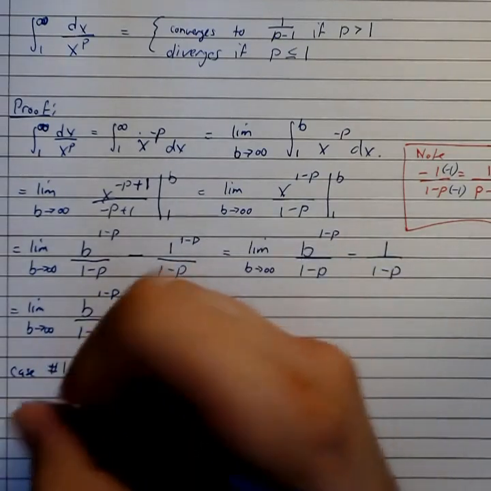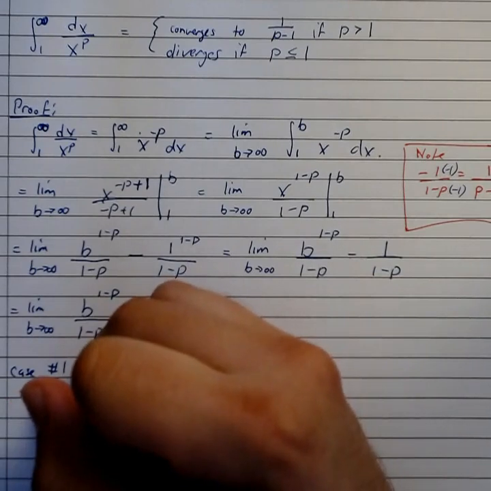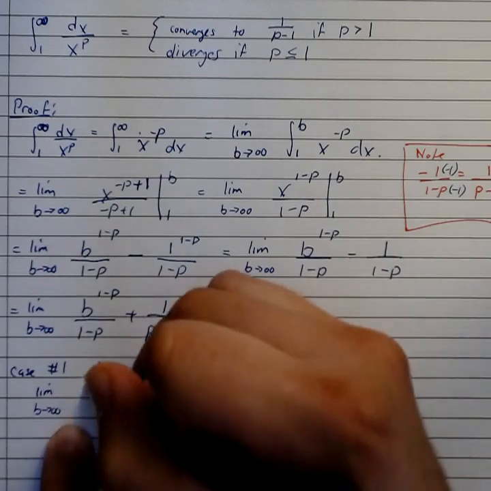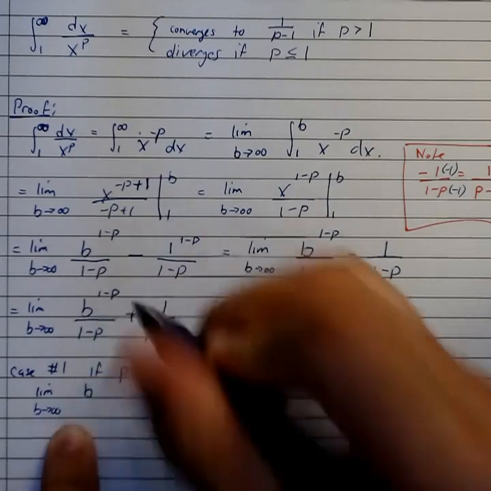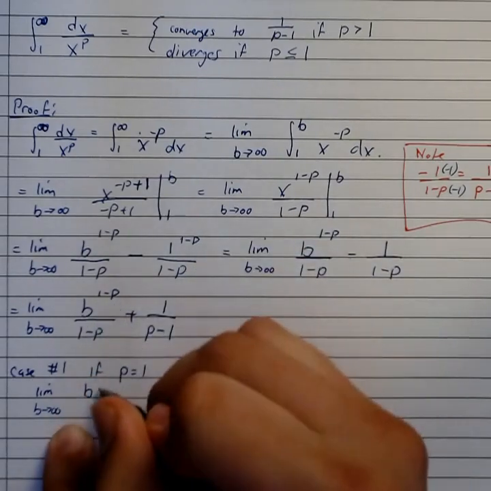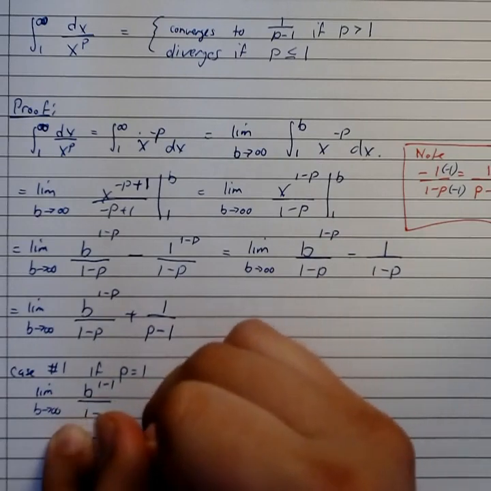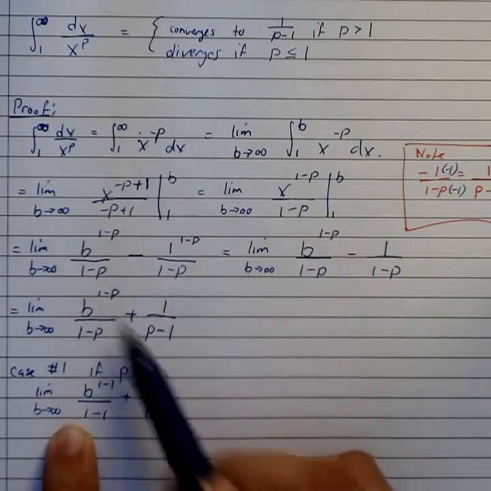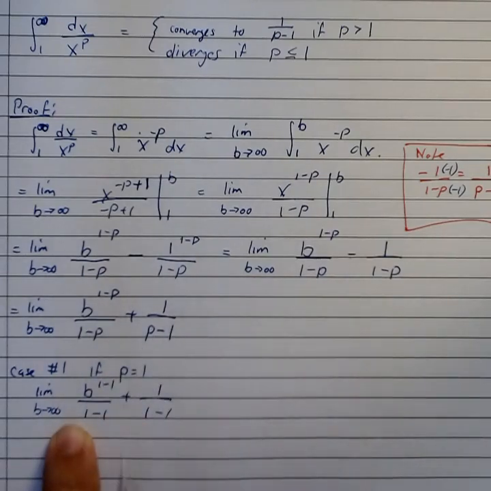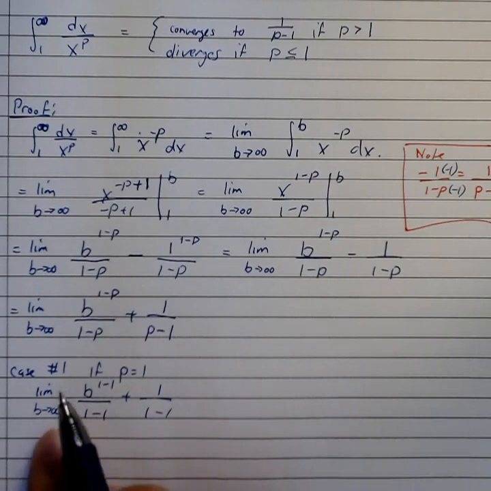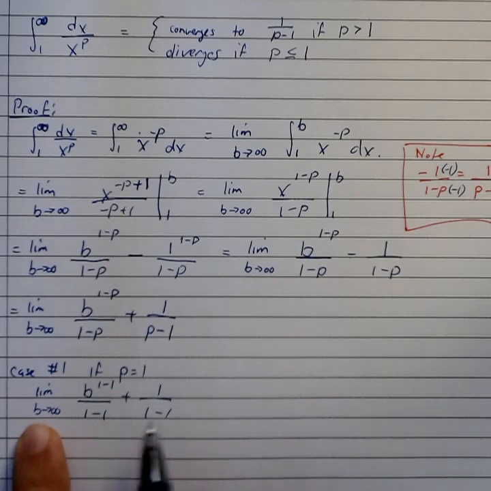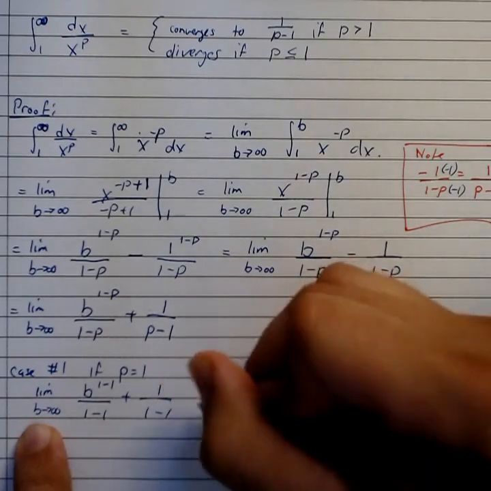Well, then my limit becomes the limit as b approaches infinity of b to the 1 minus 1 over 1 minus 1 plus 1 over 1 minus 1. All my p's have been replaced by 1s. But that's nonsense. That's 2 over 0, which is undefined.